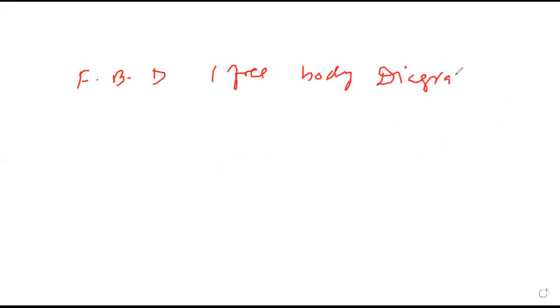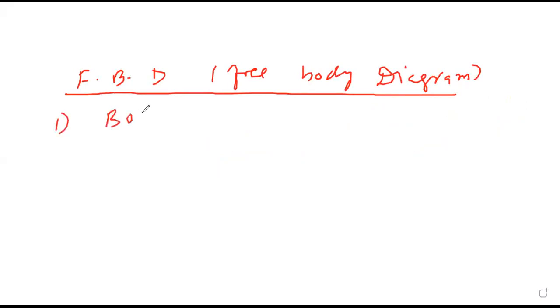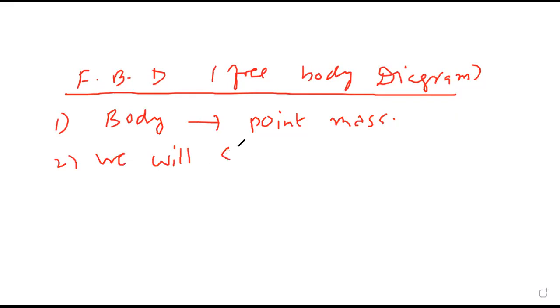Have you heard about free body diagram? Free body diagram, FBD. Yes, have you heard that? Now in this we always take the body as a point mass, not the full body mass, point mass. Second, we will show all forces acting on that body.